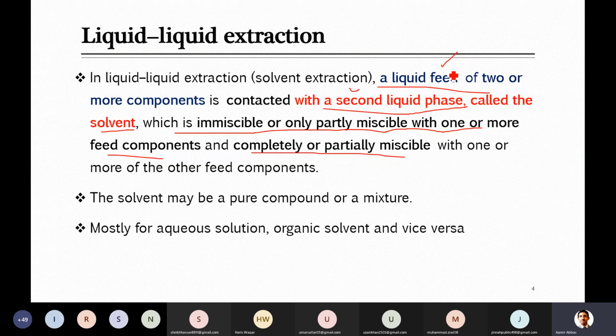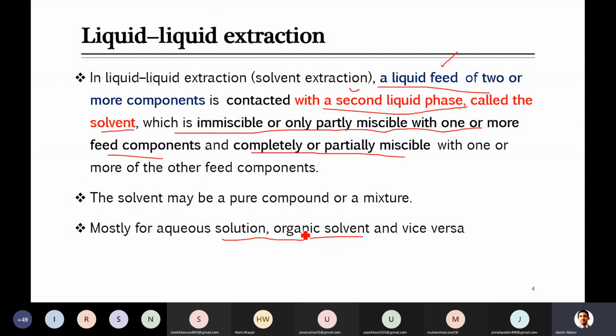The major application of liquid extraction is where you want to remove a component from an aqueous stream, and if that is of organic nature, then you bring something of organic nature in contact with it, because that component, originally part of the aqueous stream, will be more attracted towards the organic solvent, and then we can separate it out.